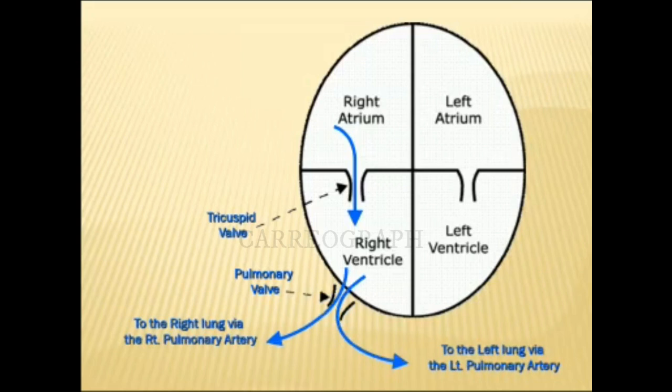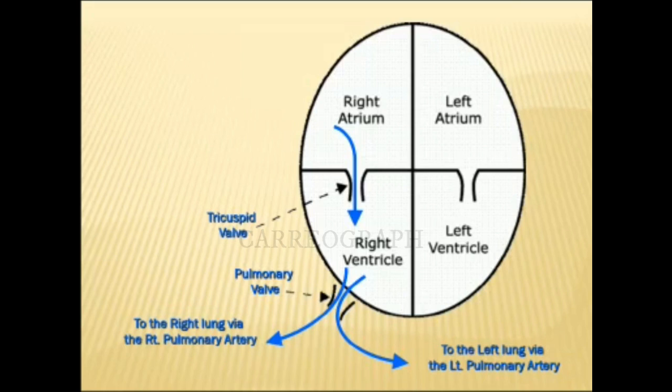The right lung receives blood from the right pulmonary artery, whereas the left lung receives blood from the left pulmonary artery. This is deoxygenated blood, and here in the lungs the gaseous exchange takes place, where the blood leaves carbon dioxide and takes oxygen.